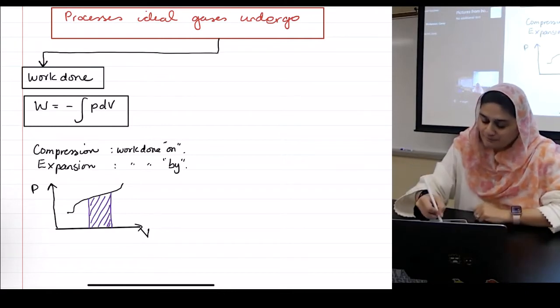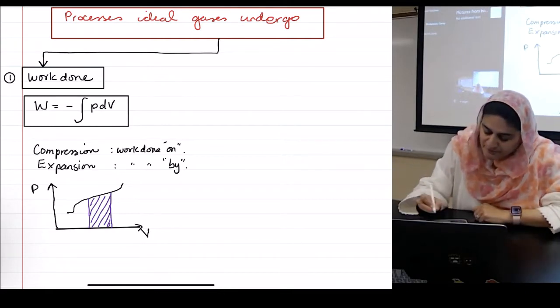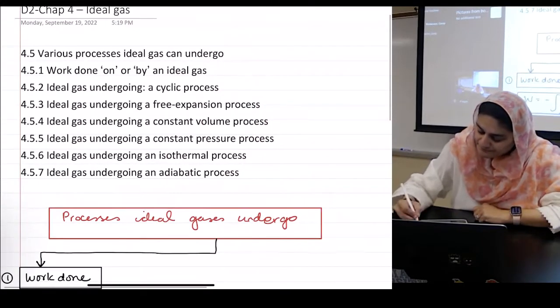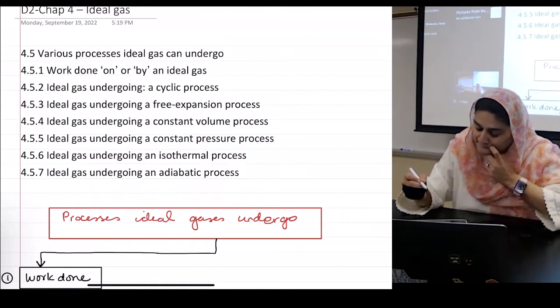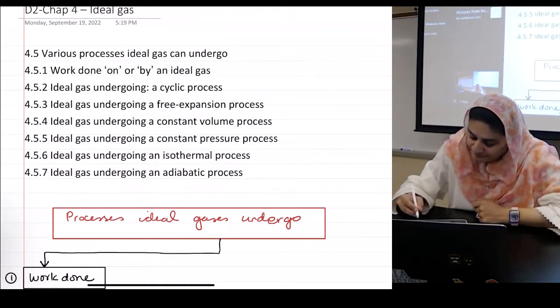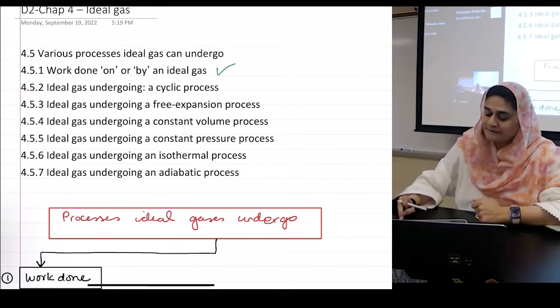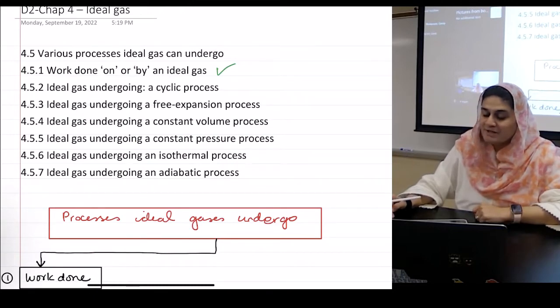Okay, number 2. So I'm going to mark out number 1 done. Oh, I should pick a color. Green. Done. Number 2, a gas undergoing a cyclic process.